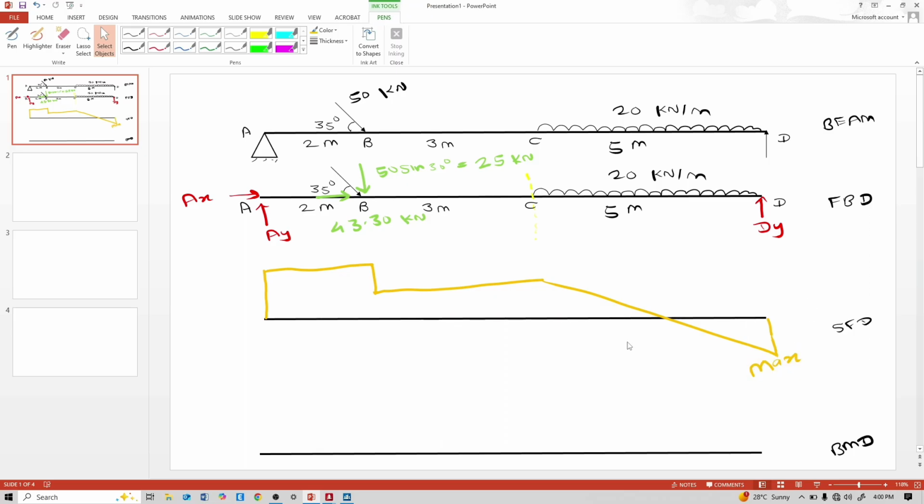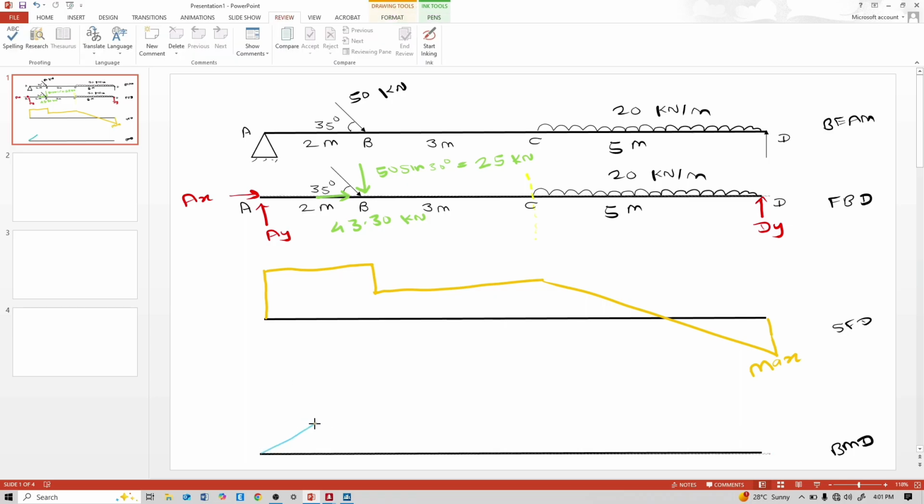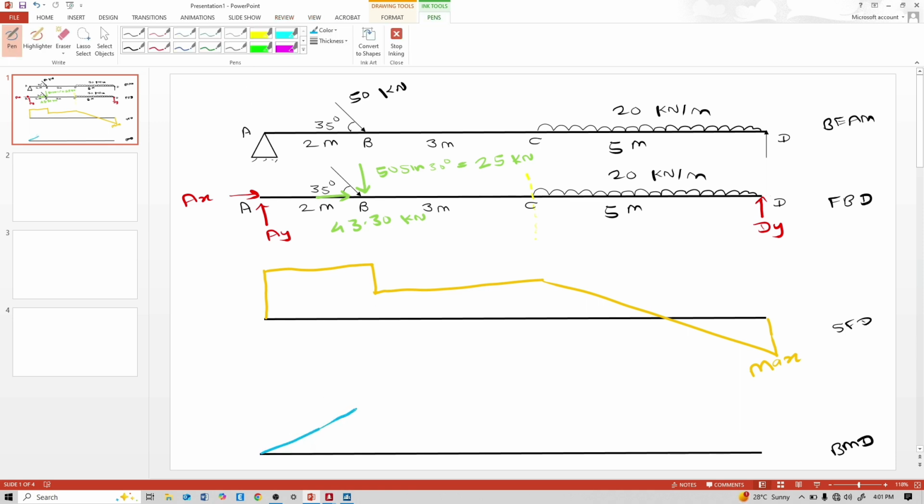So now bending moment diagram judgment. Bending moment is also maximum here where shear is 0. This is a pin support, that means bending moment is 0, and between A to B there is no load, that means bending moment is an inclined line, like this.